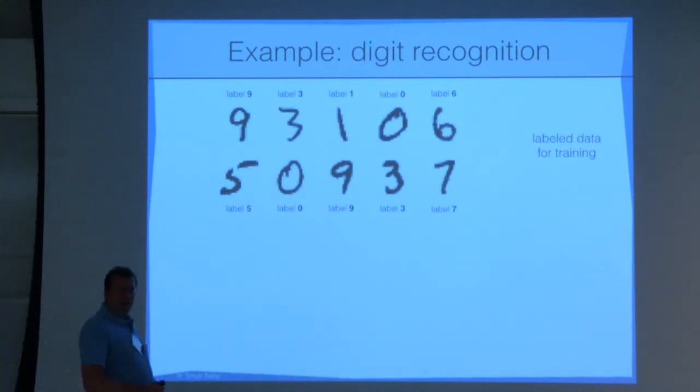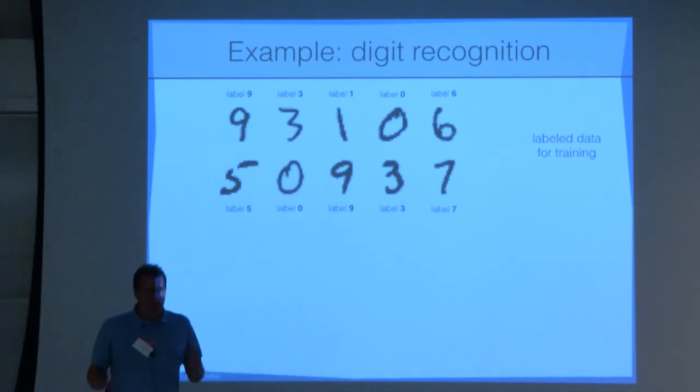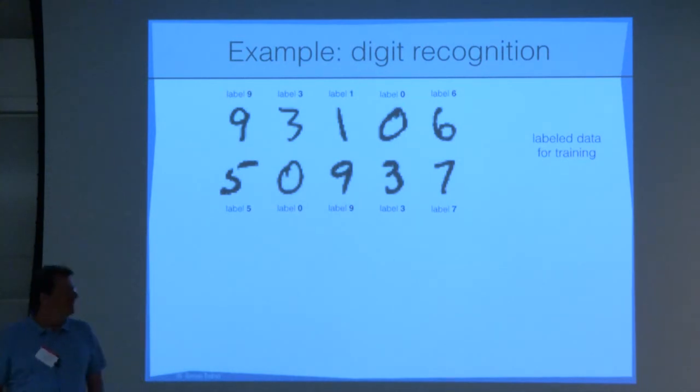There is a standardized set for this, held at NIST, the National Institute of Standards and Technology, which has like 70,000 handwritten digits. They're the standard set for digit recognition. They were written by federal employees in different states, which generated a little bit of variation.